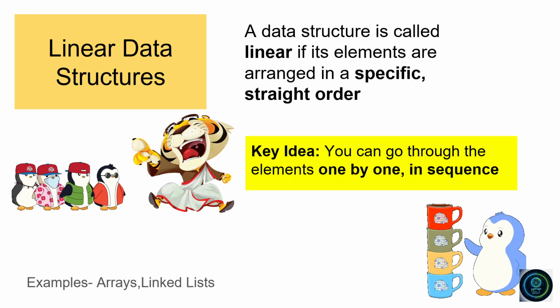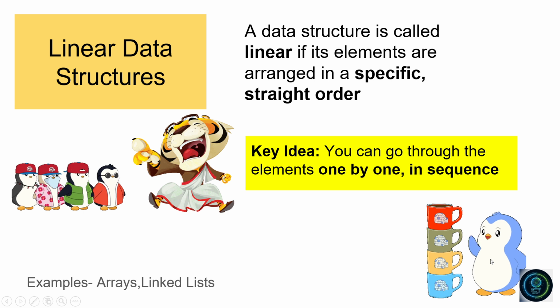Then consider the second example here. This penguin wants to access this third cup. How can he access it? He cannot access the third one directly. He has to remove the first cup, then the second one, then he can access the third cup.